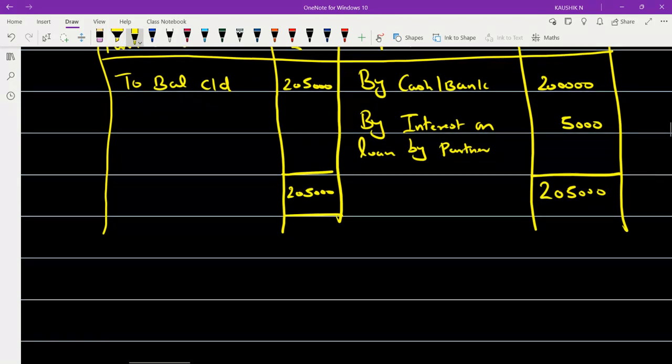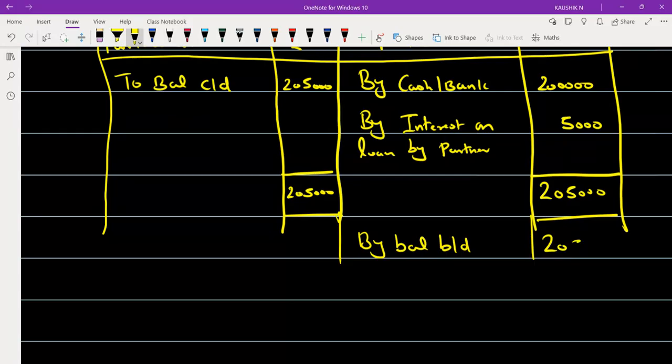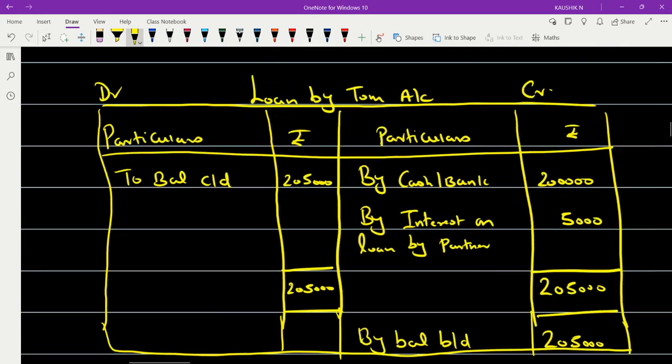Now a basic logic: this carried down balance will be brought down over here as balance brought down. So the net amount of rupees 2,05,000, and here you can cross verify one concept, that it is a loan value.